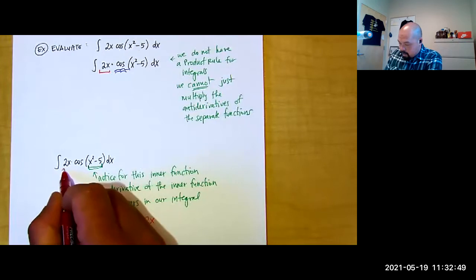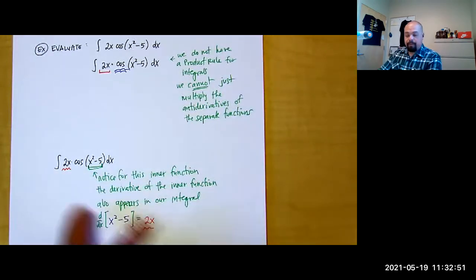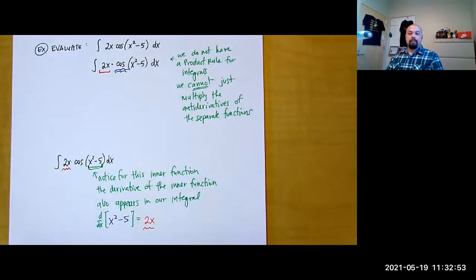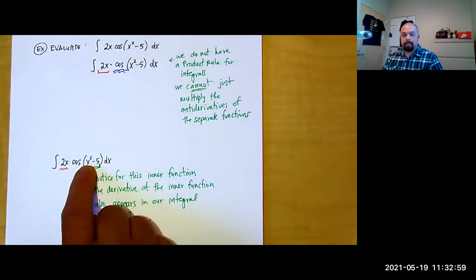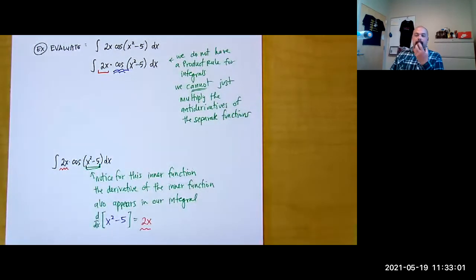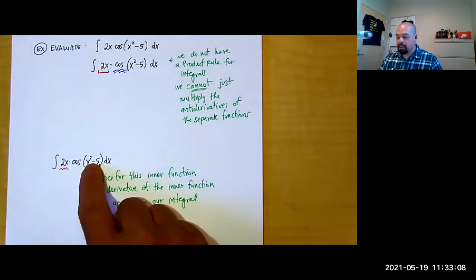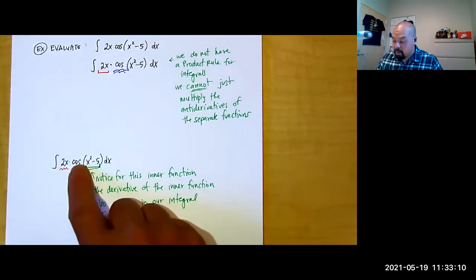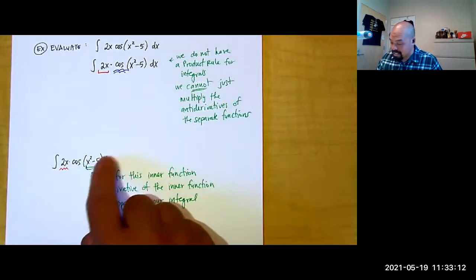So notice that 2x shows up in our expression as well, multiplying that function. Thinking about the composition, we took the derivative of a function inside a function. Our process is to take the derivative of the outer function, then multiply by the derivative of the inner.